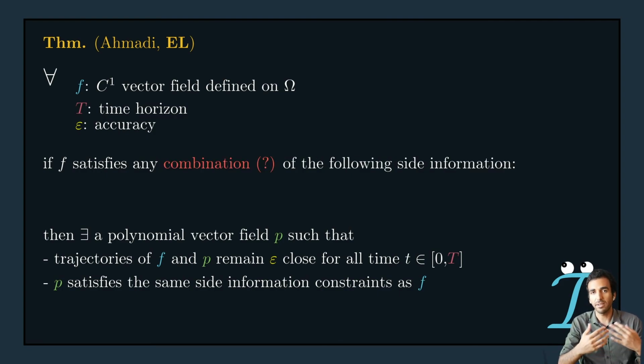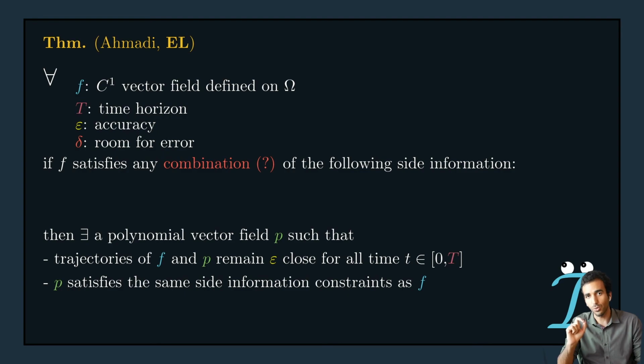Now you can ask, what if f does not satisfy just a single side information, but a combination of side information? Can I still get the same guarantees that such a polynomial vector field p exists? In general, we prove that polynomial vector fields might fail to satisfy some specific combinations of side information.